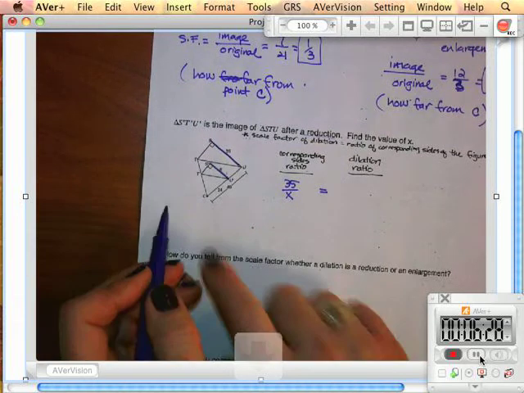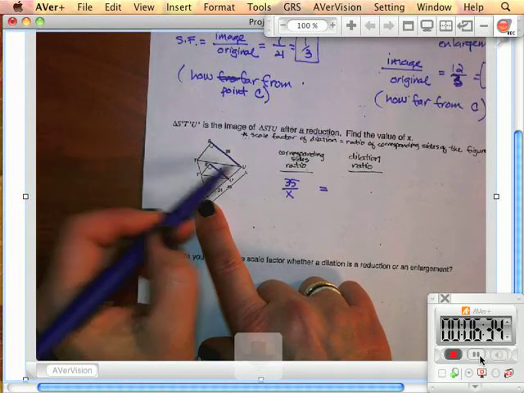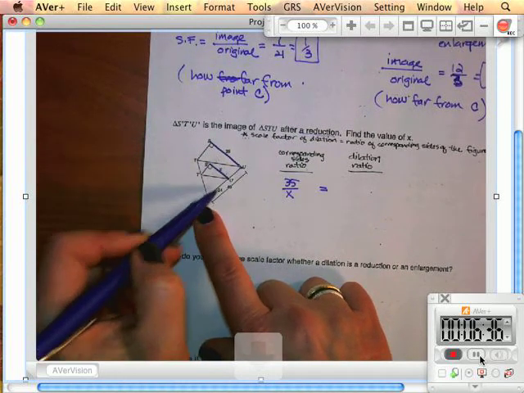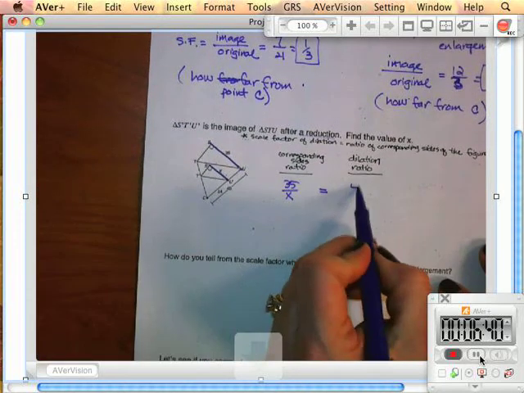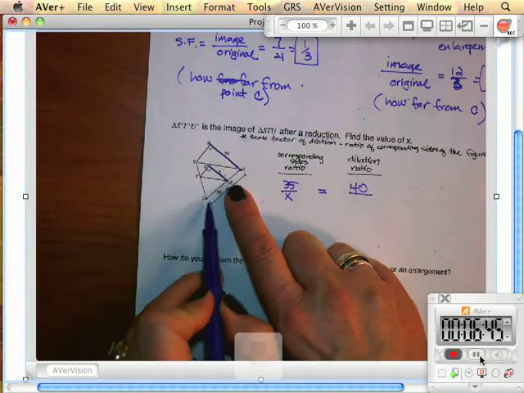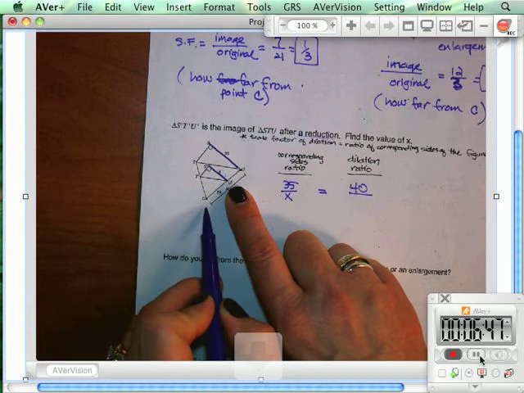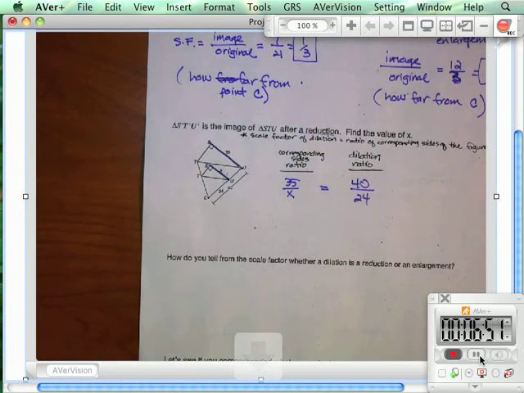C is down here, right? How far is the original from C? If I'm looking at point U, how far is that? 40, over the image. How far is that from C? U prime. 24.